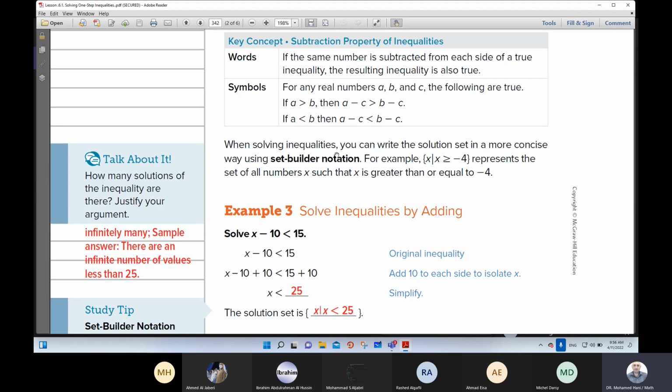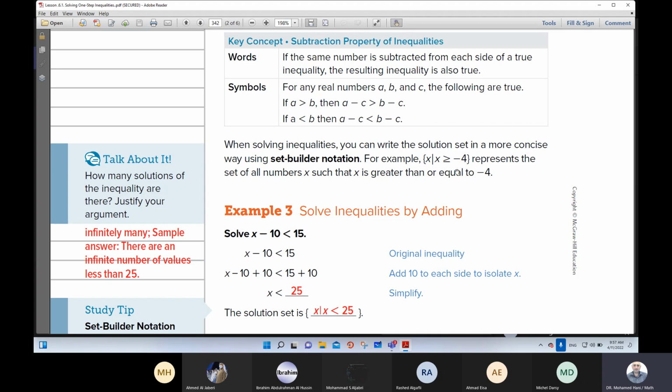When solving inequalities, you can write the solution set in a more concise way using set builder notation. For example, you can open brackets x where x is greater than or equal to negative 4, then close the brackets.